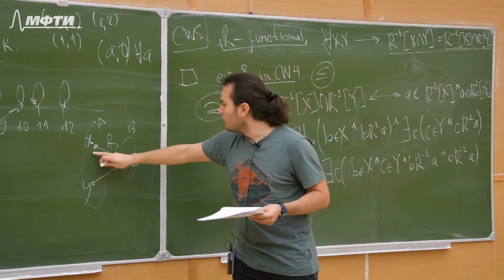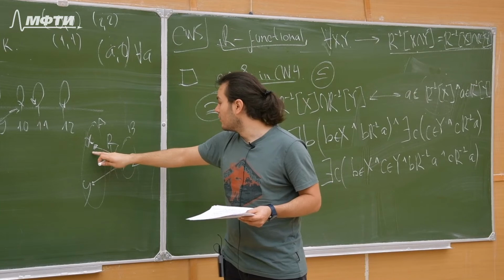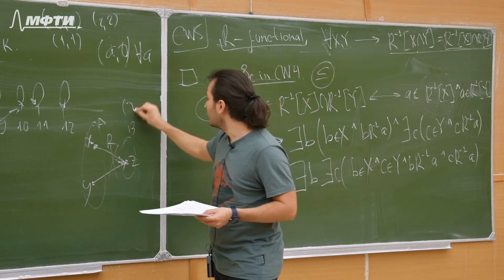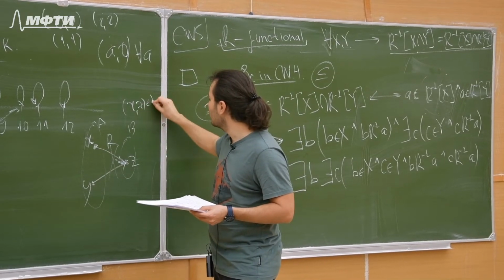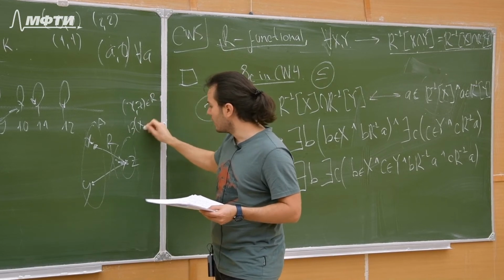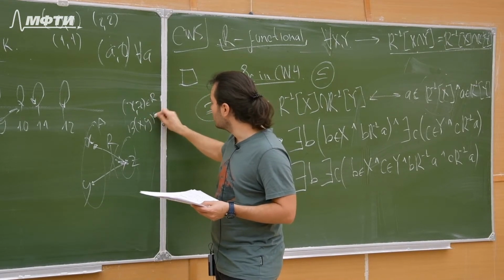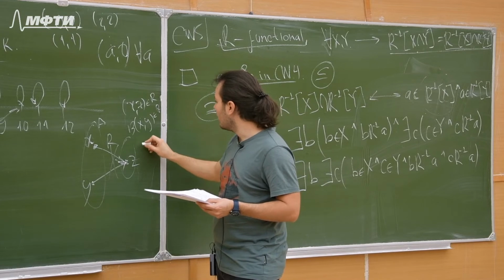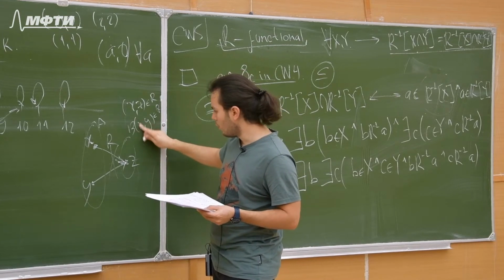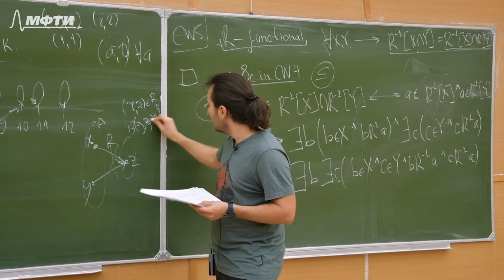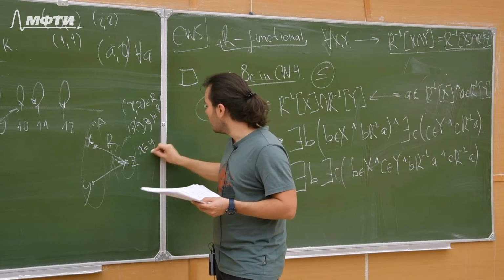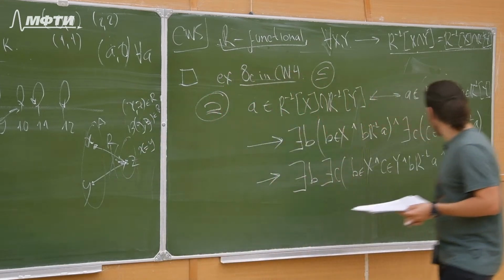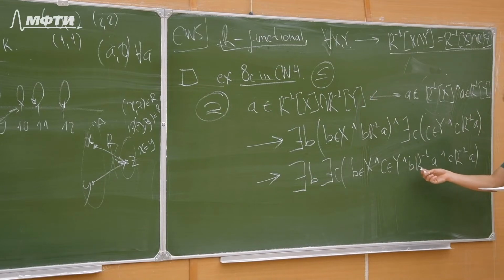So if we have that (X, Z) belongs to R and (X, Y) belongs to R, it means that Y is equal to Z, right?